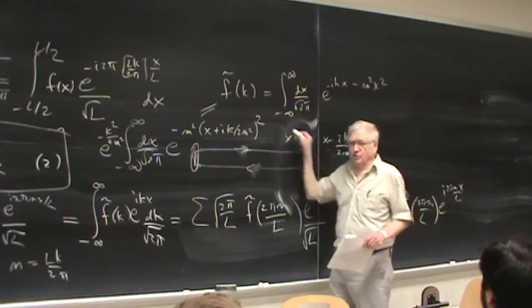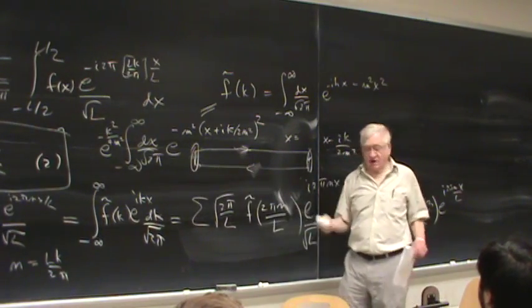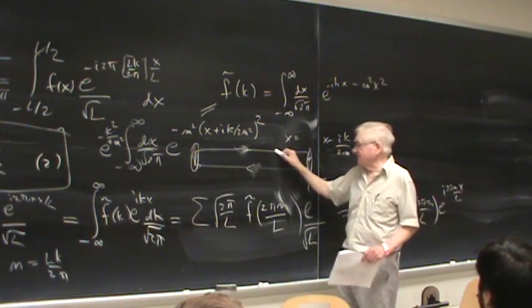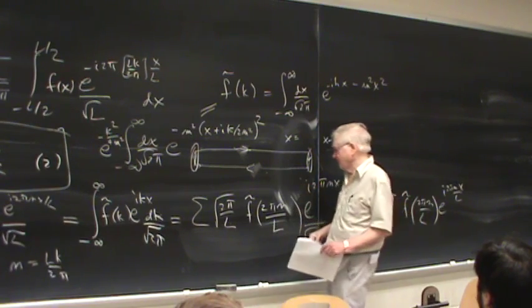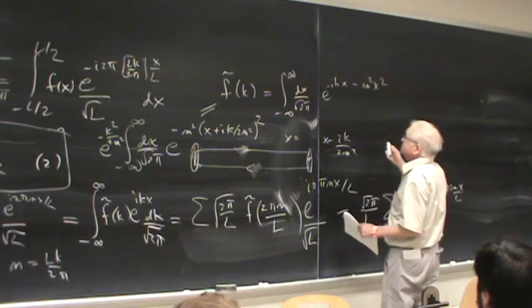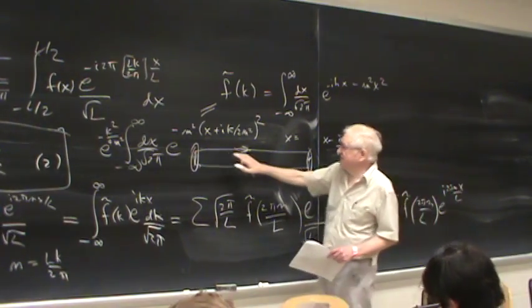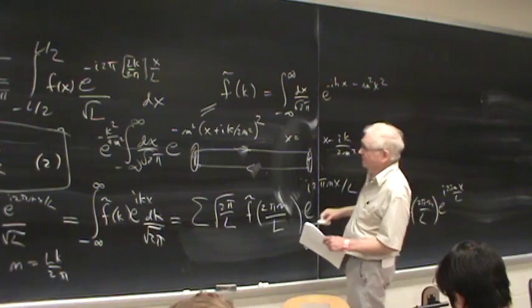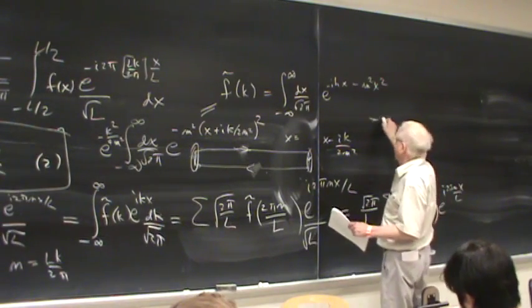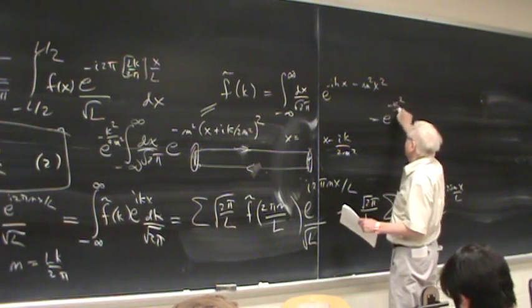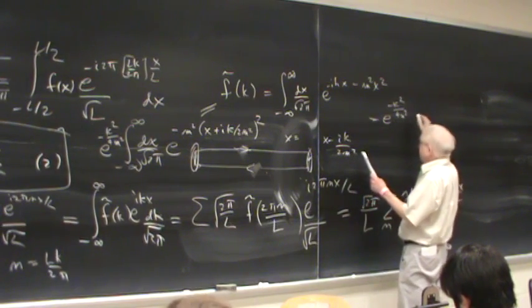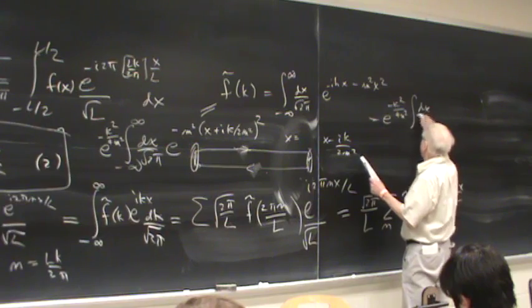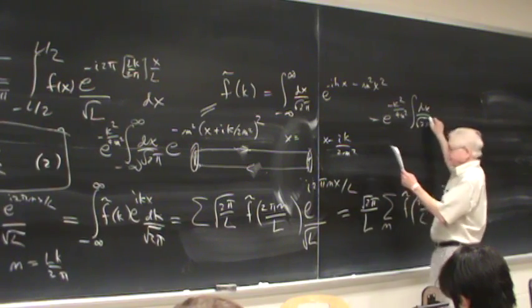So since the whole circular integral is 0, this integral is the same as that one, because the sum of the two equals 0. So we can take this integral and say it's e to the minus k squared over 4m squared, integral dx over root 2 pi.